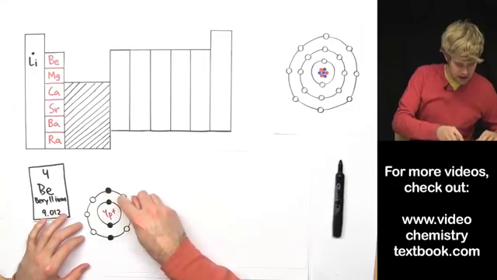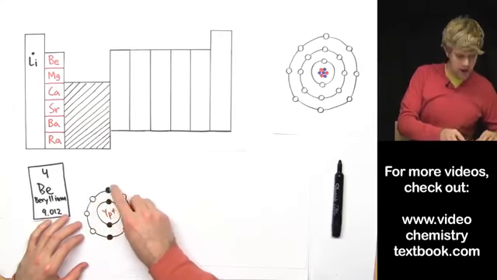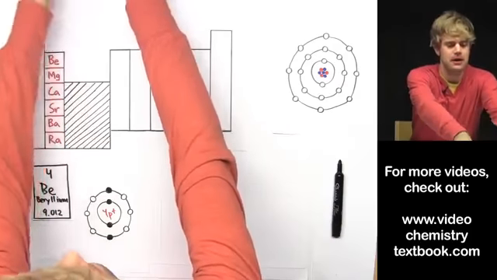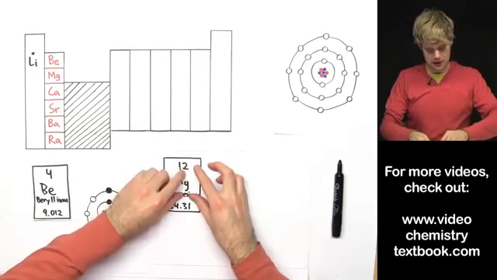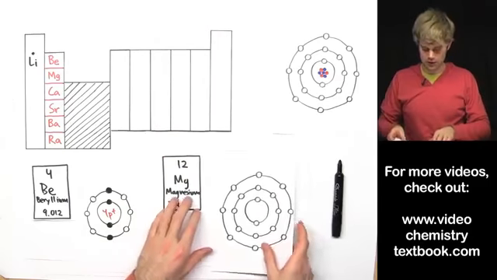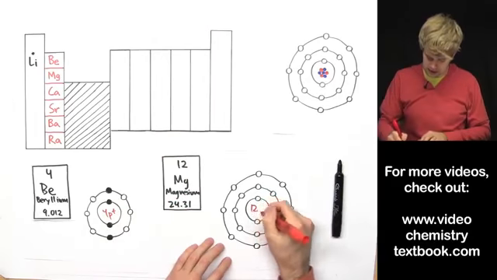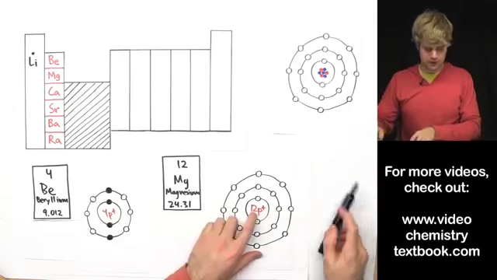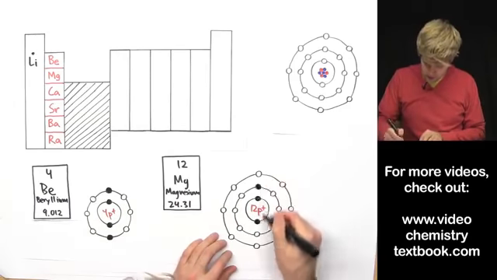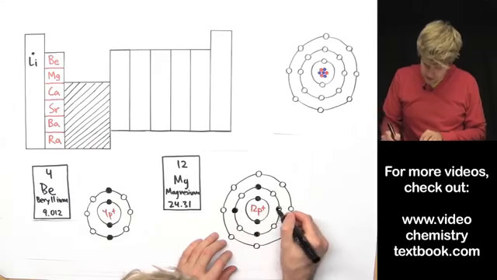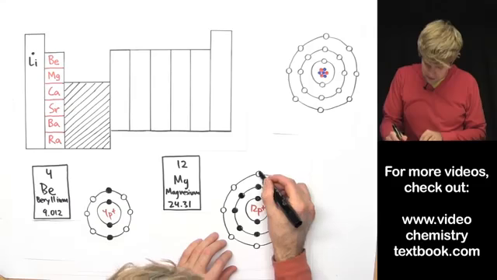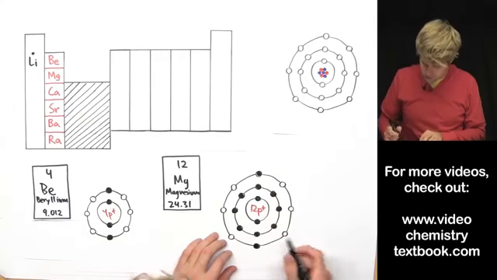I didn't just fill them in clockwise; one went on the top and one went on the bottom. Now magnesium here has an atomic number of 12, so 12 protons and 12 electrons if we assume that it is electrically neutral. 12 P plus here, so 1, 2, 3, 4, 5, 6, 7, 8, 9, 10, 11, 12.